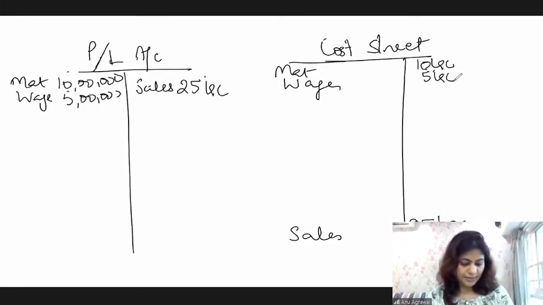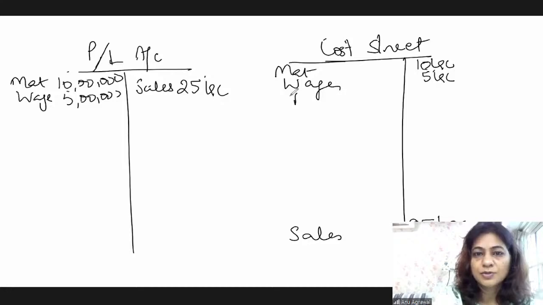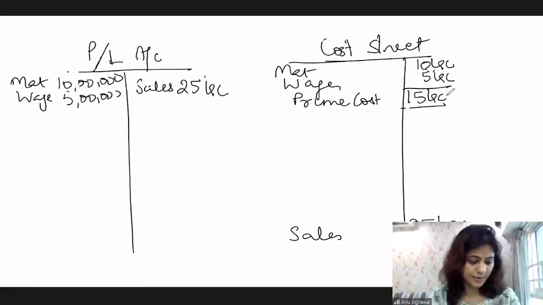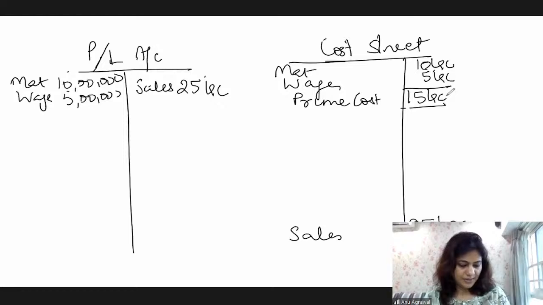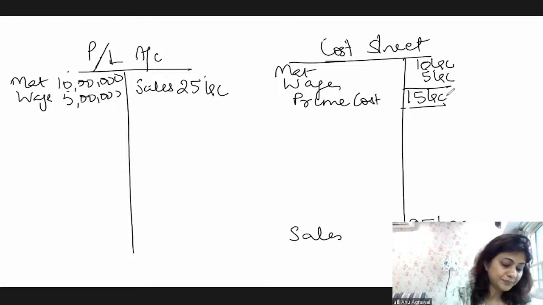Any direct expense? No, I can't find any direct expense. So my prime cost is 15 lakh. And they have given me some information in WIP, or you can say a closing stock of the material.